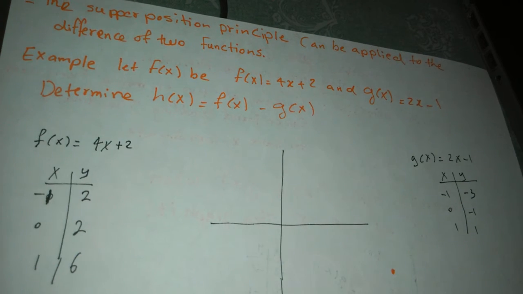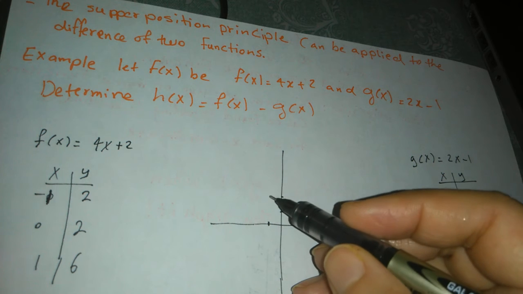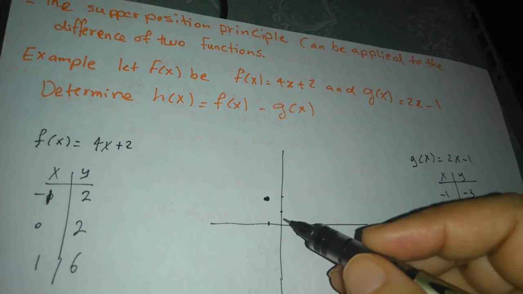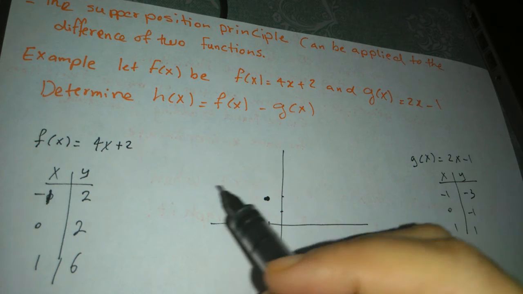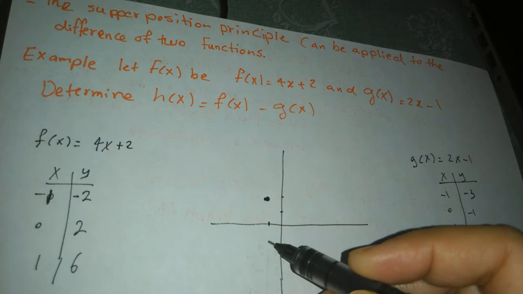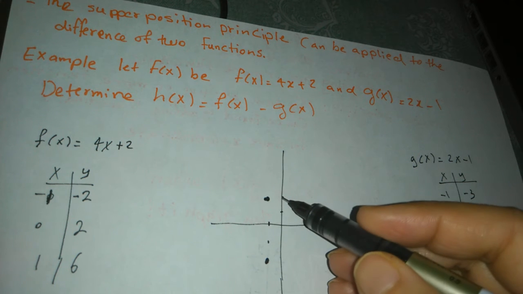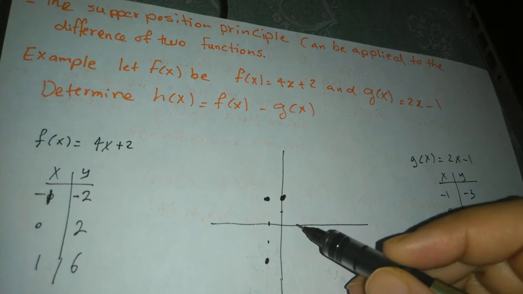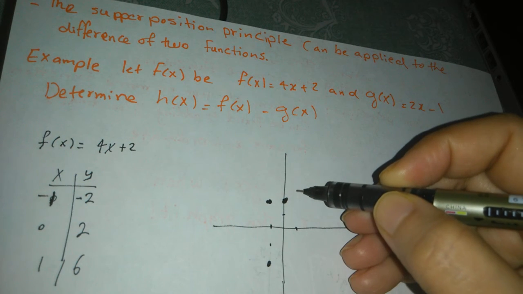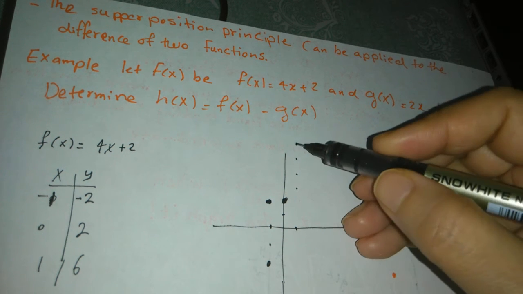So I'm just first doing f of x. -1 is going to be -2, my bad. So -1 is going to be -2, so it's here. And 0 is going to be 2 there. And 1 is going to be 6, approximately here.